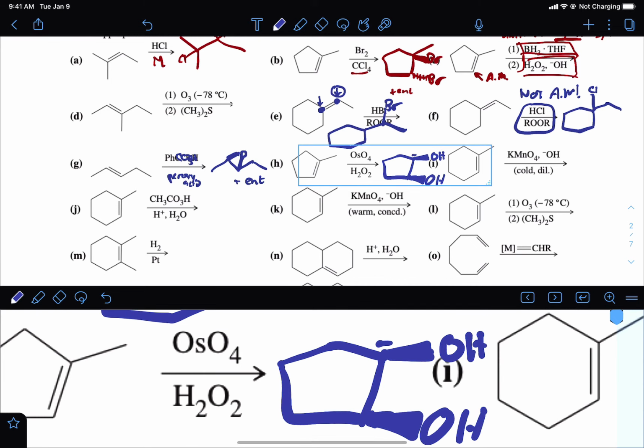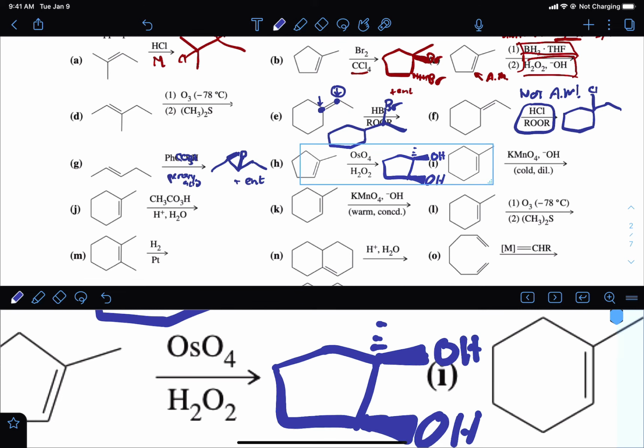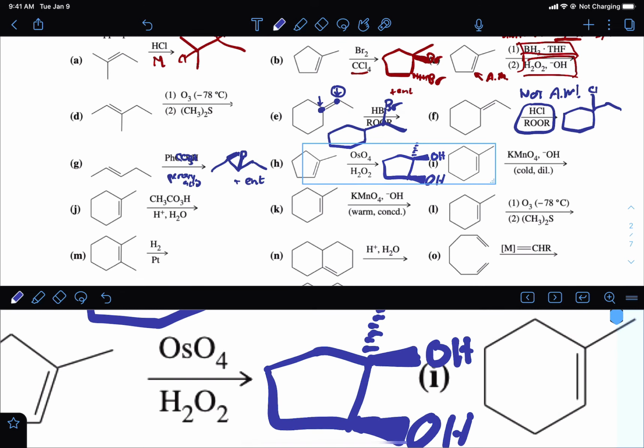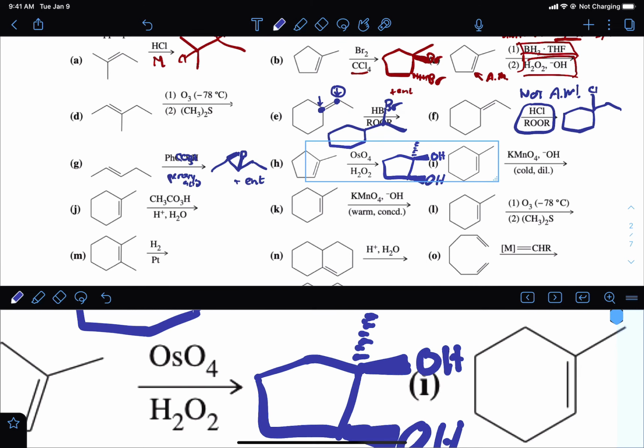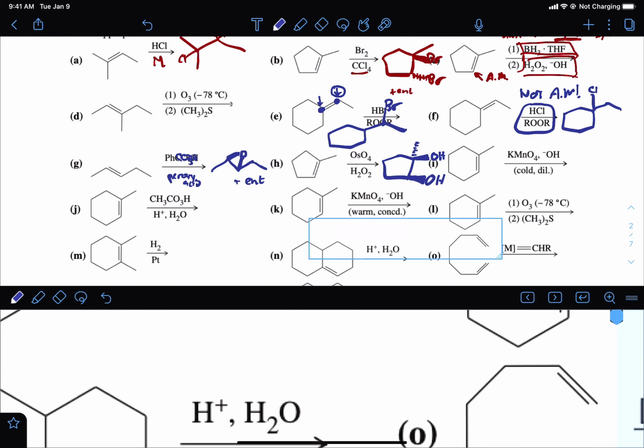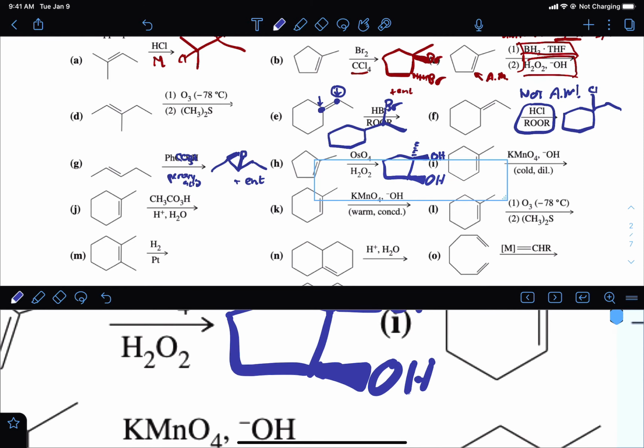In this case, if they're wedged, that's going to put the methyl group down. Plus an enantiomer. Okay. All right, so that's the OsO4.